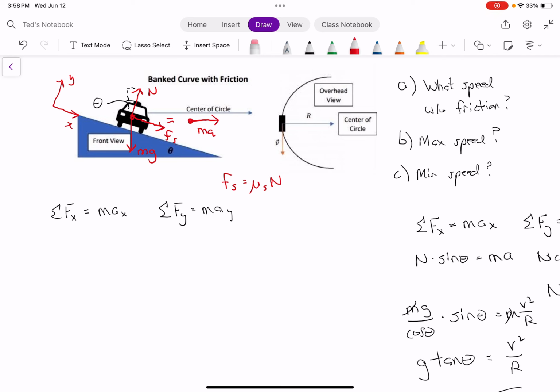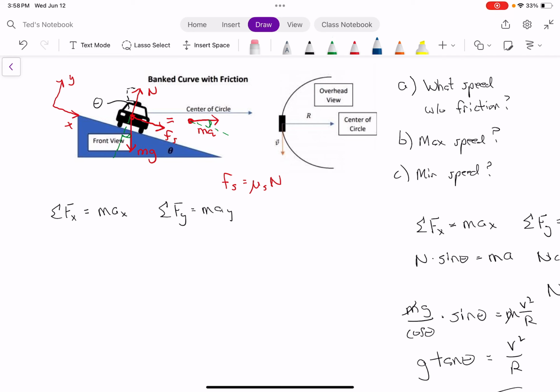Now that's a little bit of a challenge because that means that both the gravity force, let's see what color will show up well, maybe green. The gravity force is going to have an angle theta here, and the acceleration is going to have an angle theta there. Okay, so that's a little bit tricky, but we'll make it work.